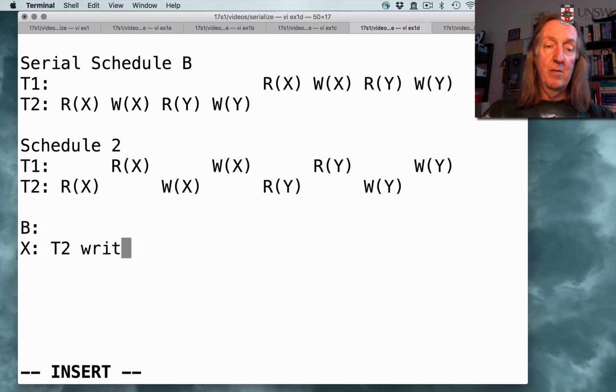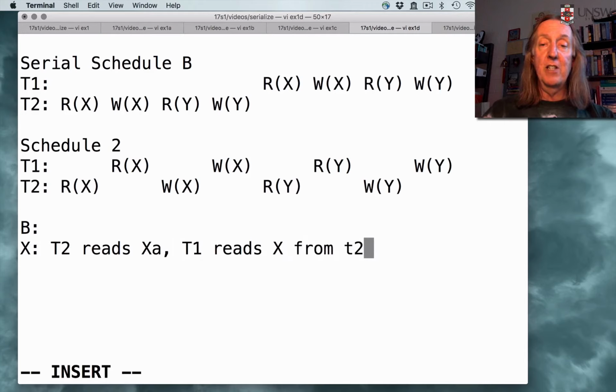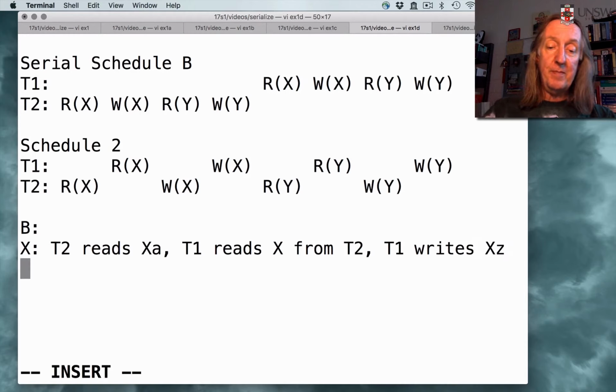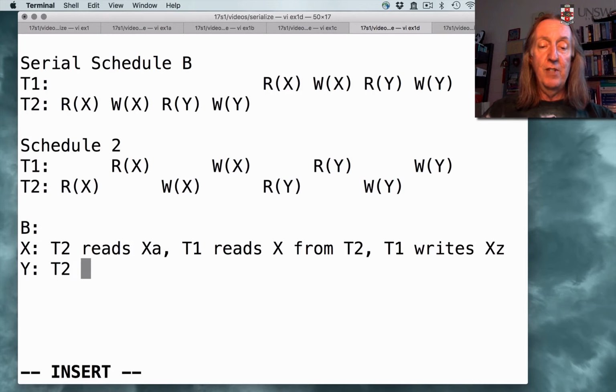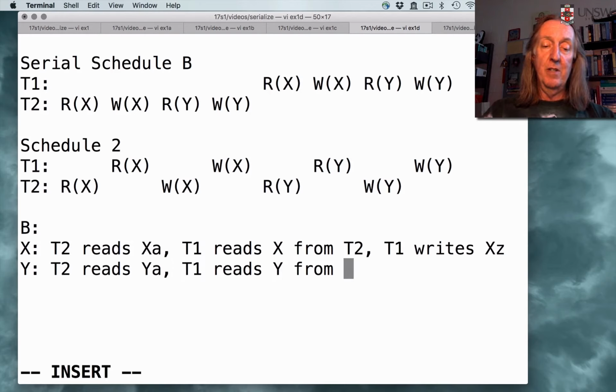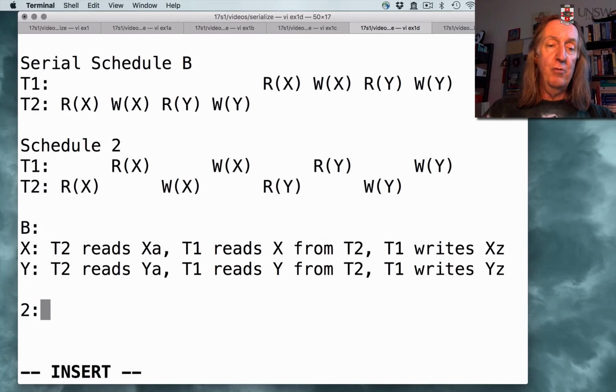T2 reads the initial value of X, and T1 reads a value of X that was written by T2, and T1 writes the final value of X. As for Y, T2 does the initial read of Y, T1 reads the value of Y that was written by T2 because T2 went first, and finally T1 writes the final value of Y.